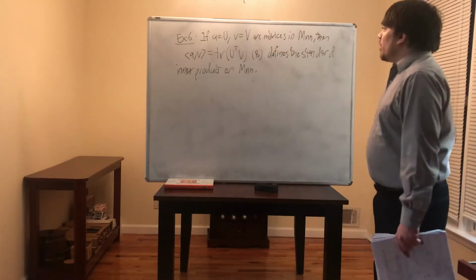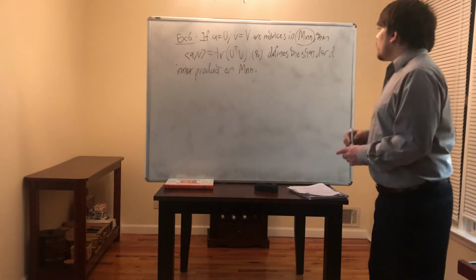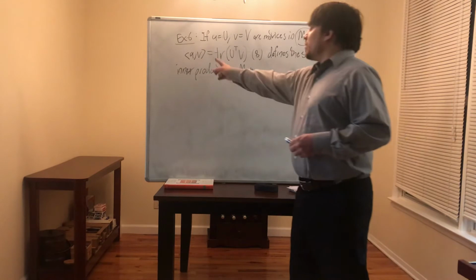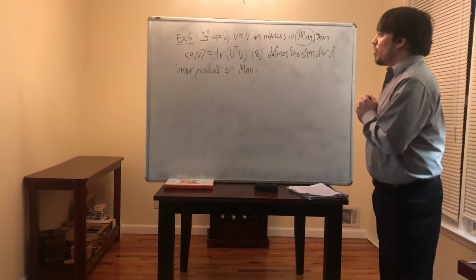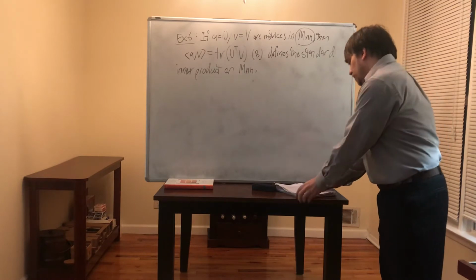So if little u and little v are matrices in capital M sub n, which is the vector space of n by n matrices, then this function, trace of U transpose V, defines a standard inner product on capital M sub n.